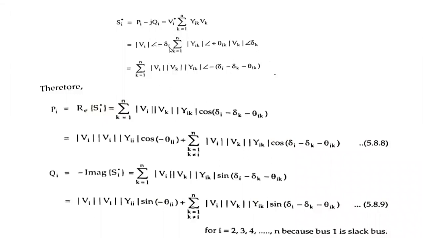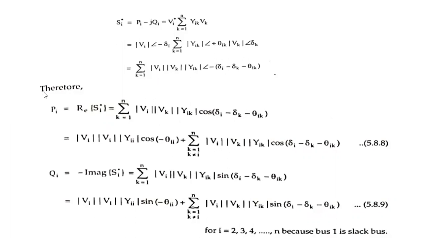Then sigma k equal to 1 to n Yik at angle theta ik, Vk at an angle of delta k. Sigma k equal to 1 to n Vi Vk Yik at an angle of minus delta i plus delta k minus theta ik.